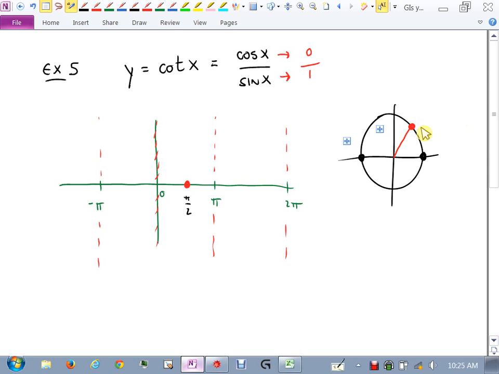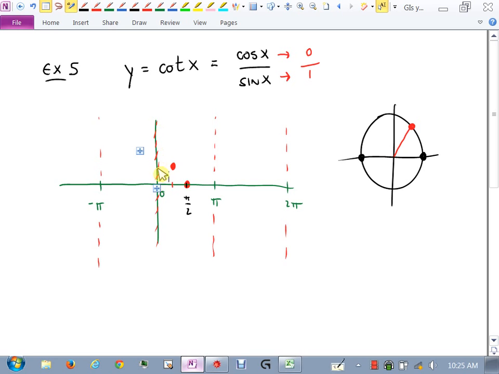What is cotangent of pi over 4? So that's cosine of pi over 4 divided by sine of pi over 4. What's that? It's 1. Good. Because you're taking the x-coordinate divided by the y-coordinate. So you get 1. So that means that at pi over 4, I'm up here at 1.